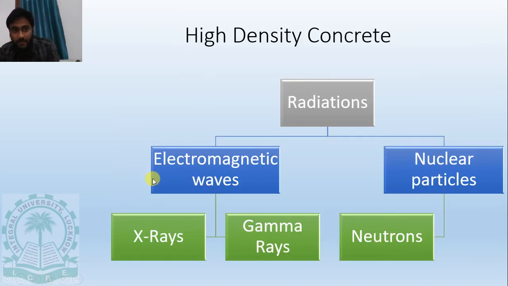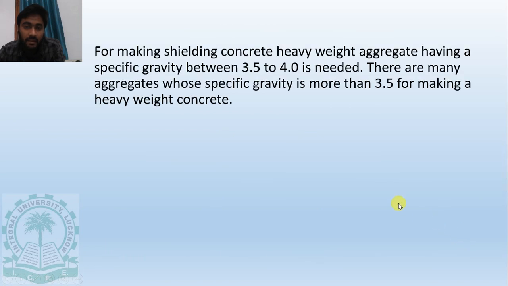So the main problem we have in these radiations is, I mean, all radiations are not bad, but particularly two are problematic. The first one is electromagnetic waves, which consist of X-rays and gamma rays. The second one is nuclear particles, in which neutrons are the most dangerous elements. So we need protection against these things.